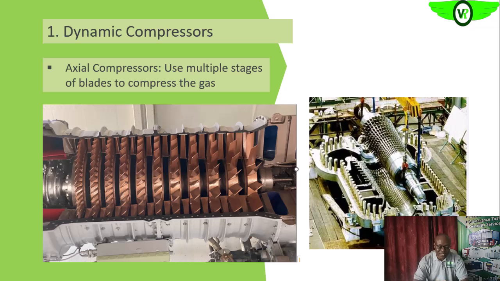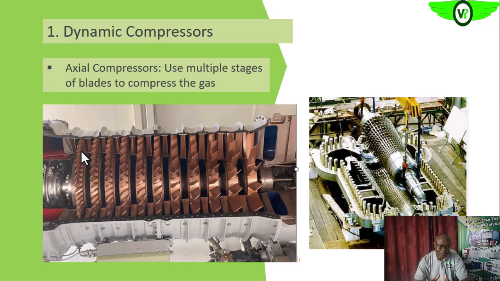So as you can see here, we have multiple blades. Each of these blade sets, both the stationary blade, which is on the stator or on the frame of the compressor, and then the rotating blade, which is on the rotor, both make a stage.